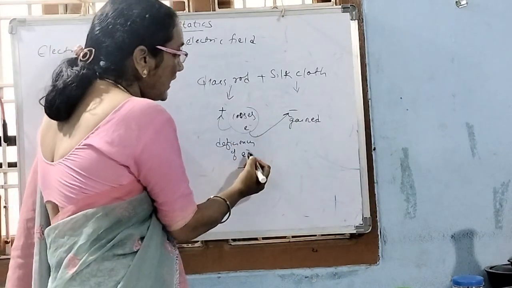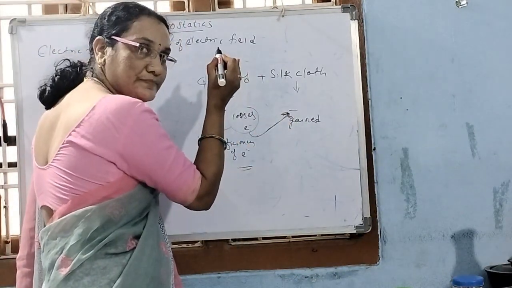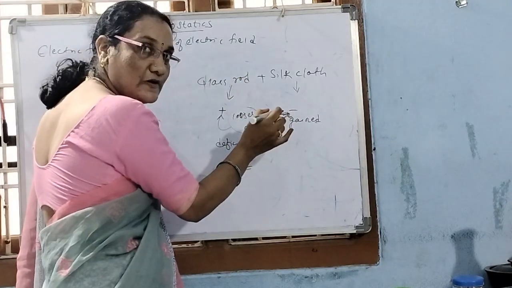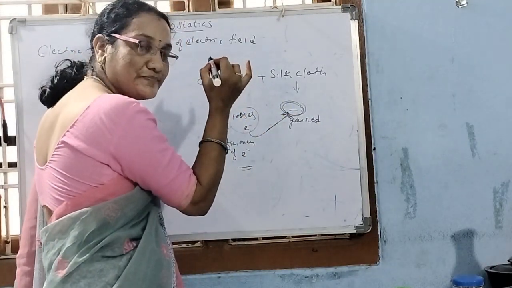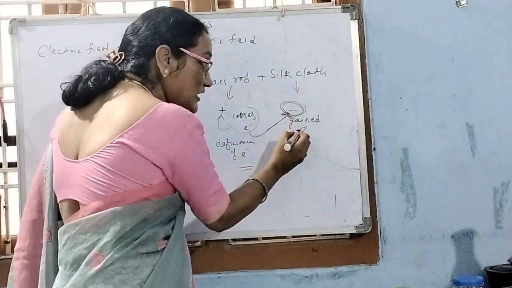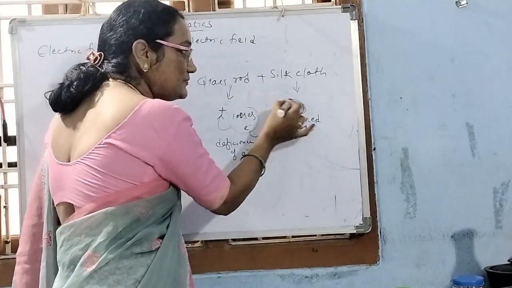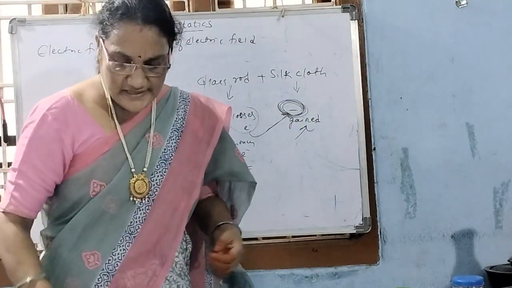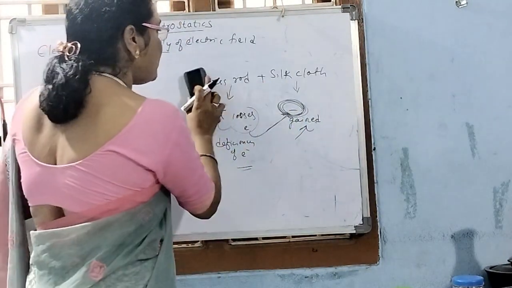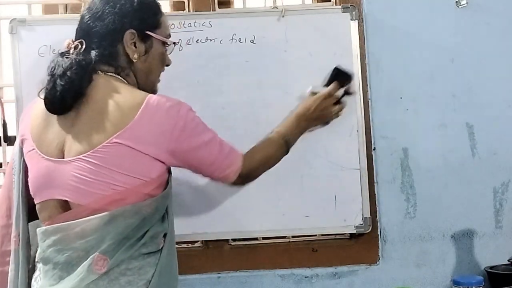The silk cloth gains those electrons and becomes negatively charged, so the gaining of electrons by a substance we term negative charge. In such a way, the experiments brought about this theory of charge.